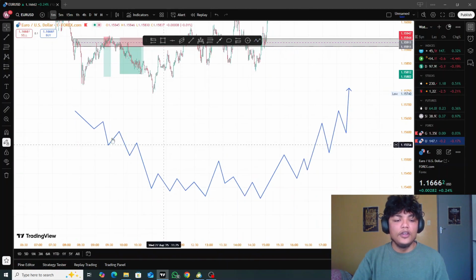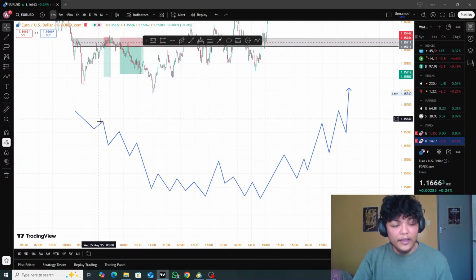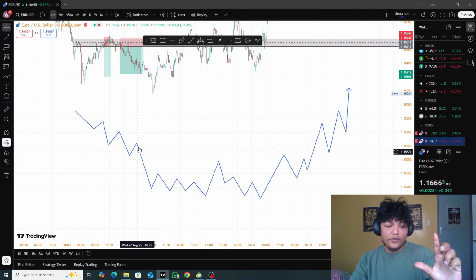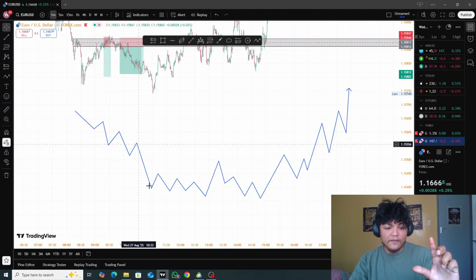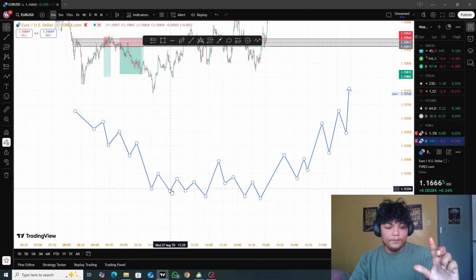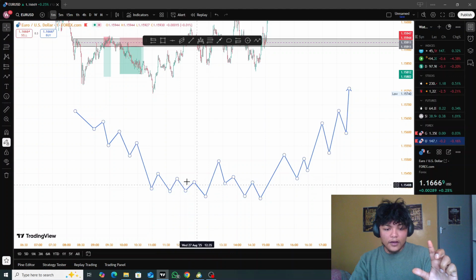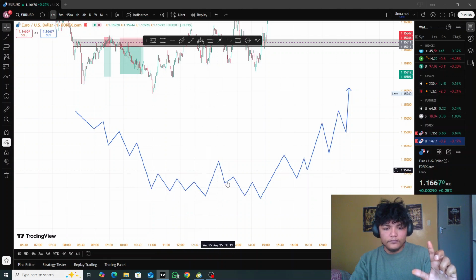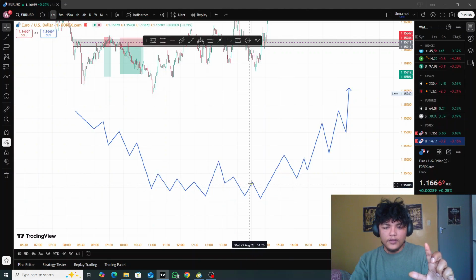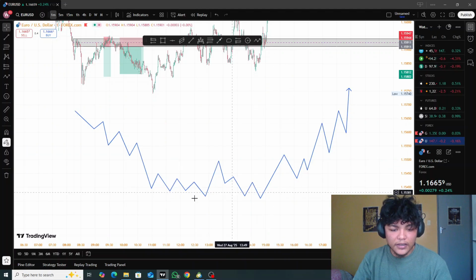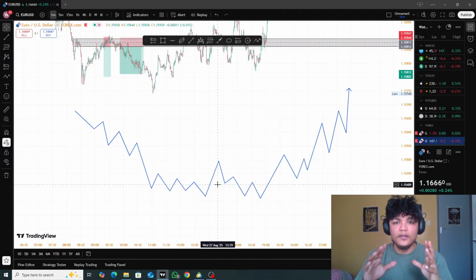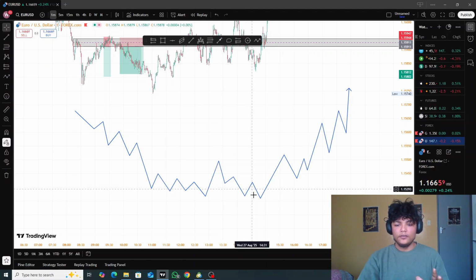So here you have a downward bias, so you always want to sell at resistance levels. Here you sell, you got stopped out somewhere, you sell. Here you sell, you got stopped out. Here you sell, or something here. But here, if you see a consolidation, then it's time for you to wait.